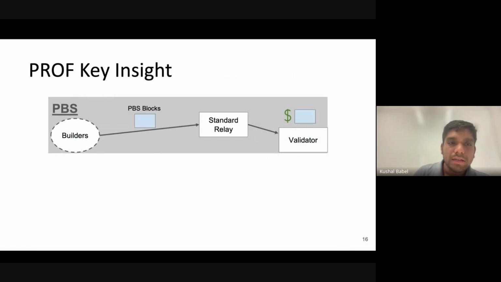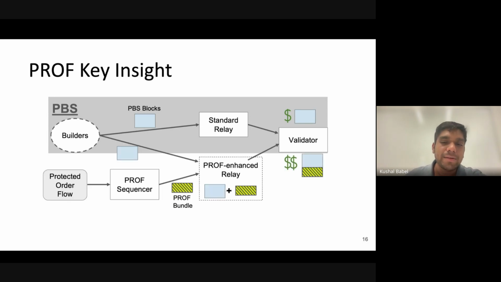Okay. The key insight in prof is you take this existing PBS system, there's a standard relay which is getting all the blocks, supplying the most profitable block, denoted by the blue block here, to the validator. It enhances that relay to also take in this protected order flow and supplies the validator with a more profitable block. So the idea is the protected order flow gets ingested into a prof sequencer.